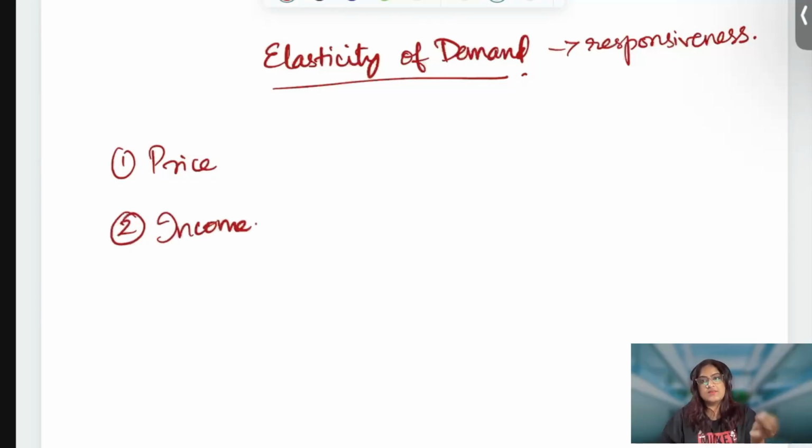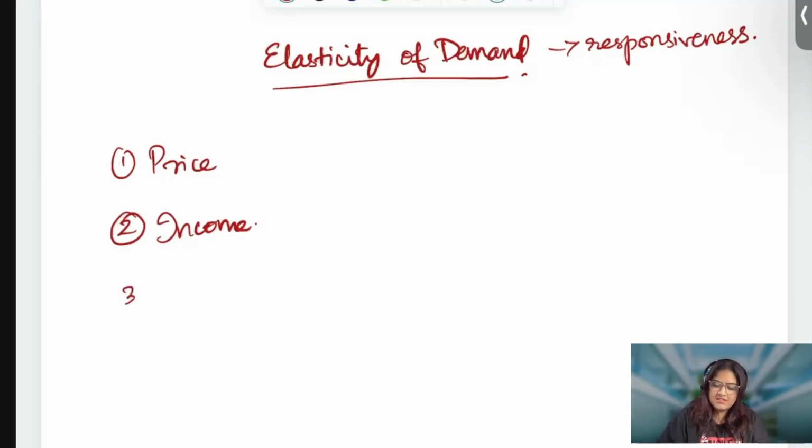Now, there are three types of elasticity of demand. First one is price elasticity of demand. It measures how the quantity demanded responds to a change in price. Second one is income elasticity of demand. This measures how demand changes when consumers' income changes.